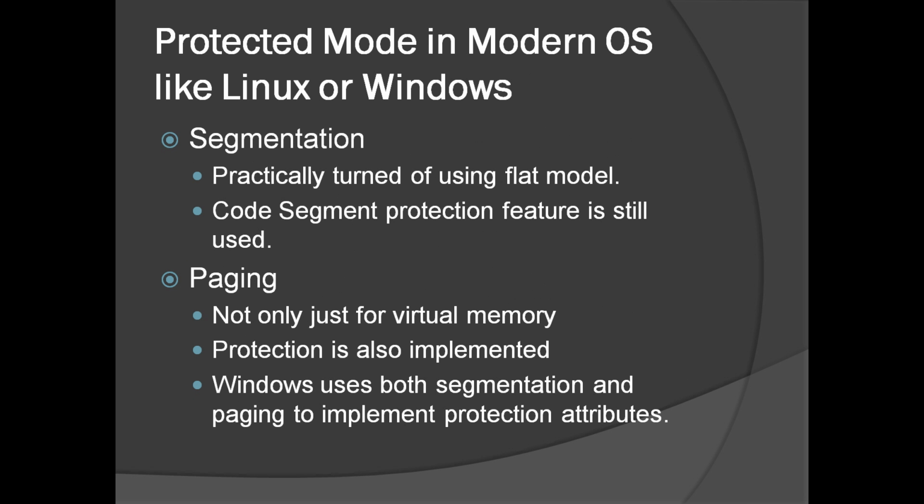So when it comes to x86 protection architecture, the operating system mainly uses segmentation and paging, two features of the CPU as I mentioned before. Segmentation is practically turned off using the flat model, which we're going to discuss later. Segmentation is a feature in the CPU which you cannot turn off once you are in protected mode. Again, we will see this through this presentation.